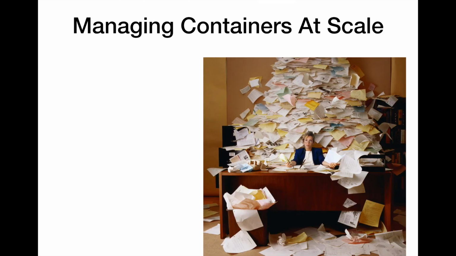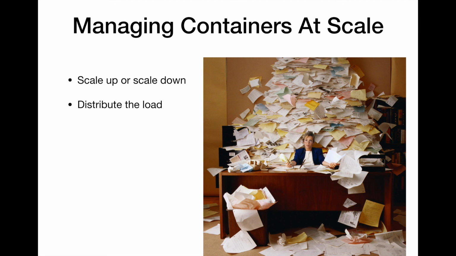Now imagine, how would you manage all these hundreds or thousands of servers that run thousands of containers, right? So it's a huge number. How are you going to manage all these things? How are you going to scale up or scale down your containers?